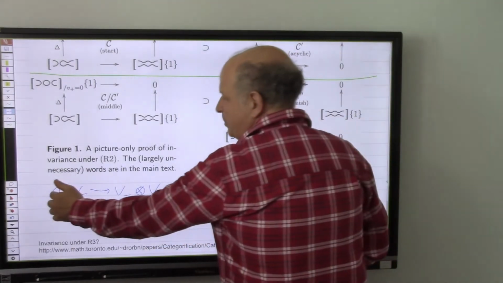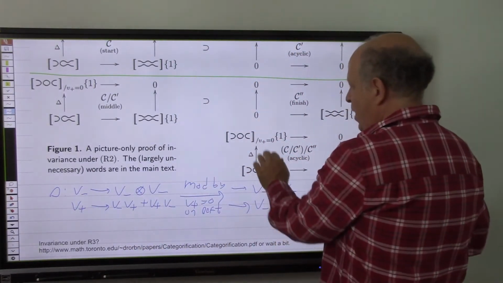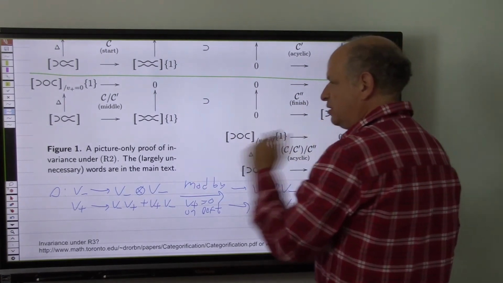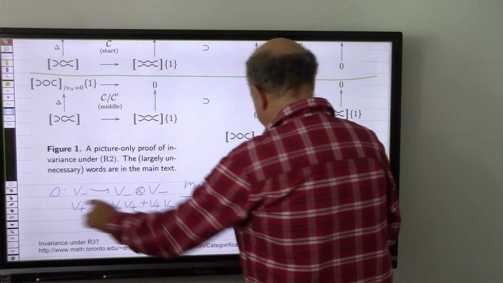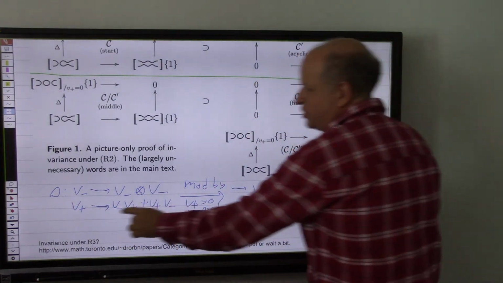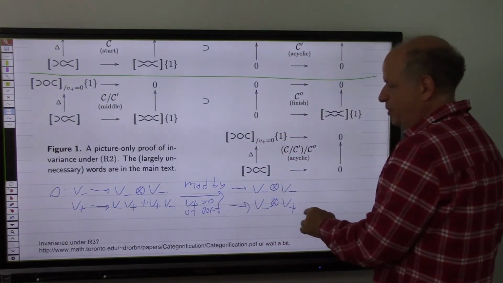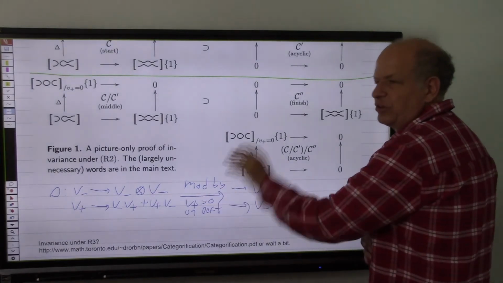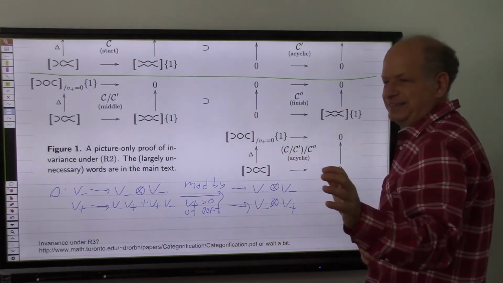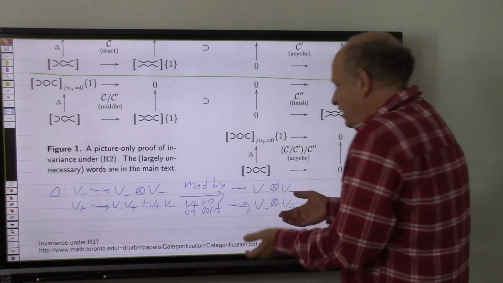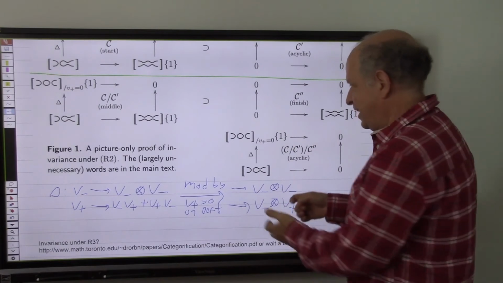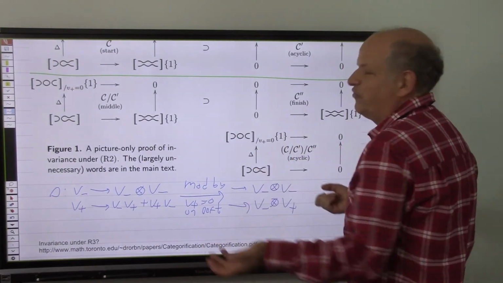So the map delta, when you project it to this quotient, becomes the map which maps v minus to v minus tensor v minus and v plus to v minus tensor v plus. So it really inserts a v minus on the left factor, and that's all it does. So it's really the identity map.